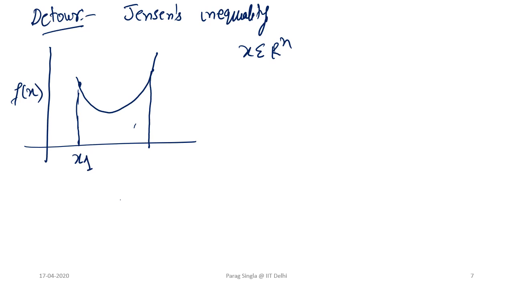This is x1 and this is x2, and our definition of convexity was simply that the function lies below the line joining any two points on the curve of the function.